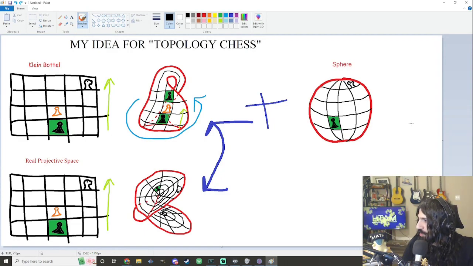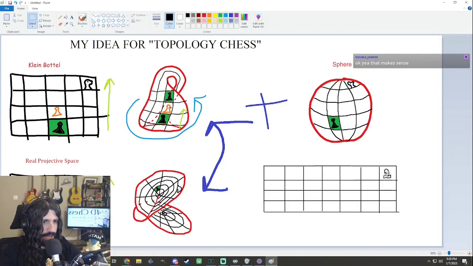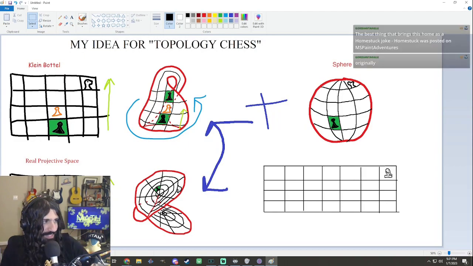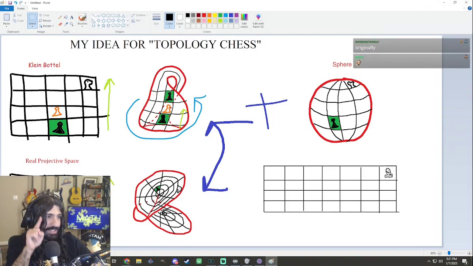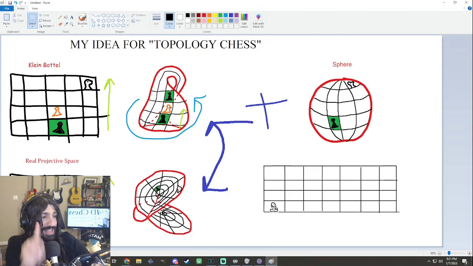Would a cylinder be functionally different than Mobius? Yes, for sure it would be. Okay, if you have a piece here, in cylinder chess, you would leave the board here and end up here on this square, okay? In Mobius chess, you would leave the board here and end up on this square.